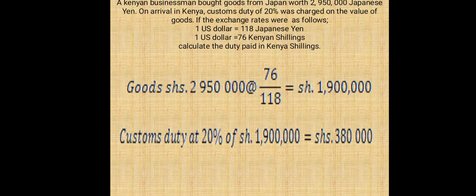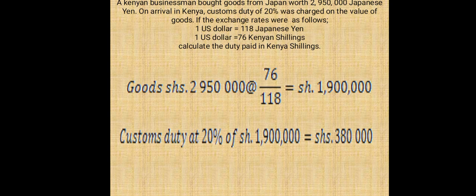Now we shall convert the goods to Kenyan shillings. Since we have not been given a direct exchange rate from Kenyan shilling to Japanese yen, we shall use the cross rate. Here we shall equate the value of Kenyan shillings to the other currencies we have been given, the dollar and Japanese yen.